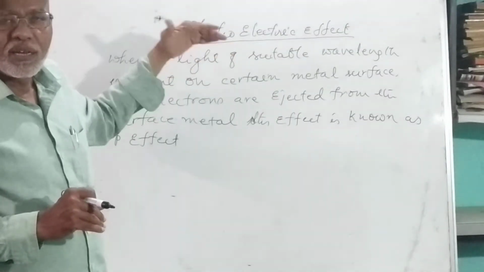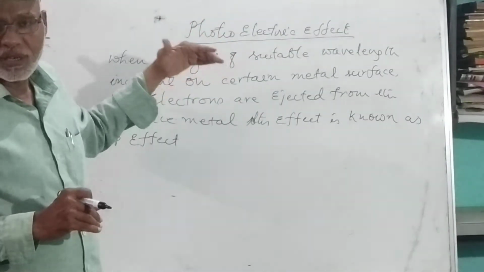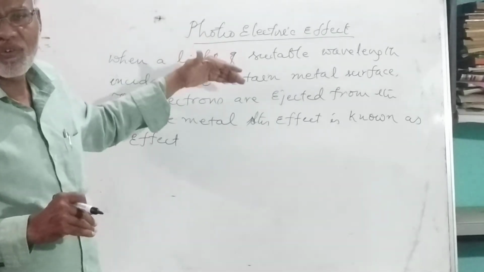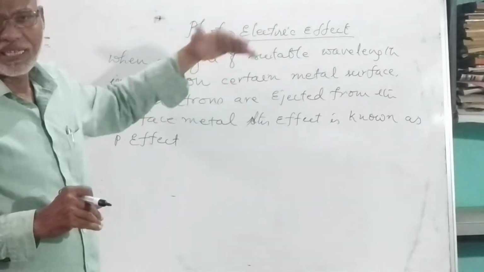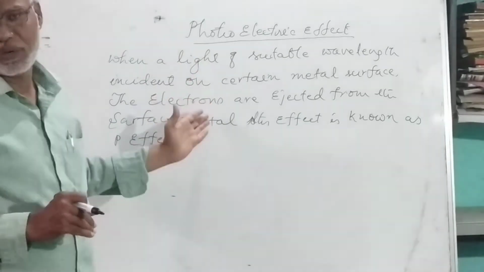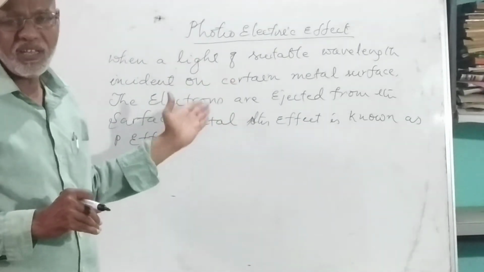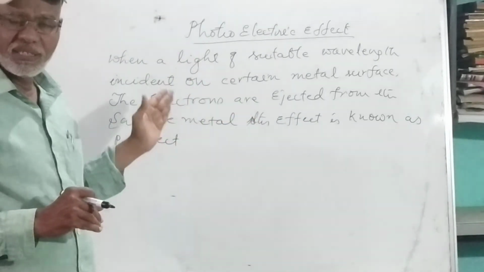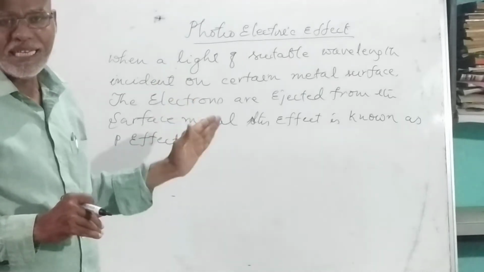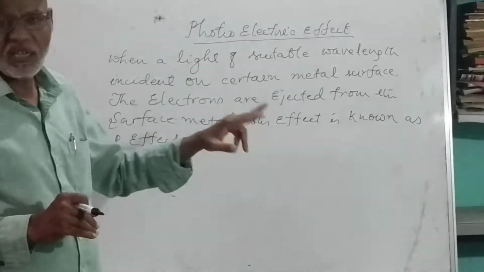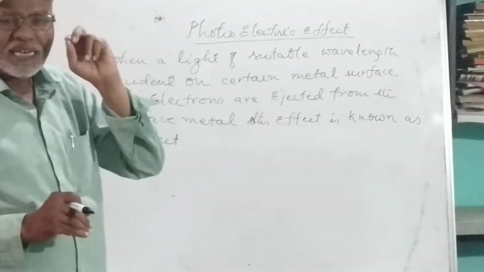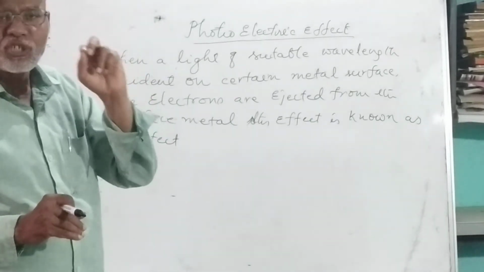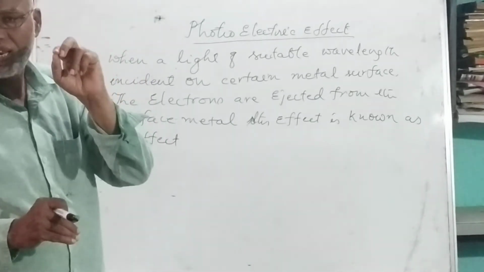Different metals respond to different wavelengths. As I said, all alkali metals are photosensitive to visible light, whereas zinc, cadmium and manganese are photosensitive to UV rays. That means different metals are photosensitive to different light radiations.